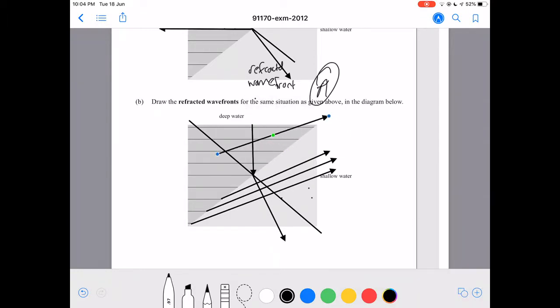Okay, so our next one, it doesn't have to be too perfect, but has to look good enough for the marker to not penalize you. So yeah.